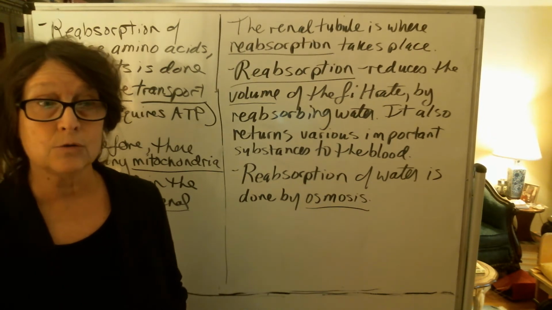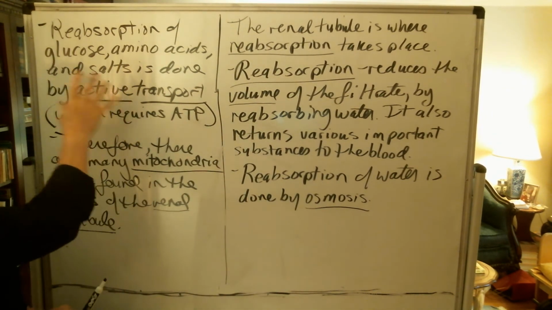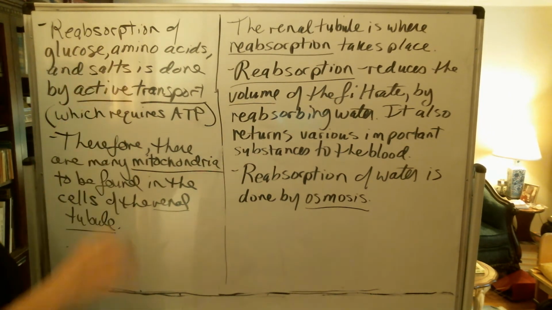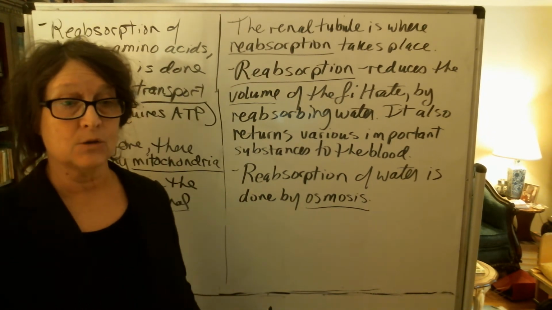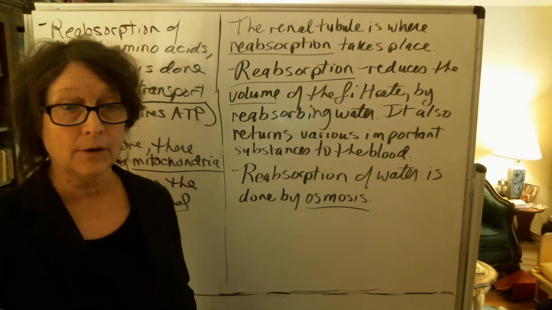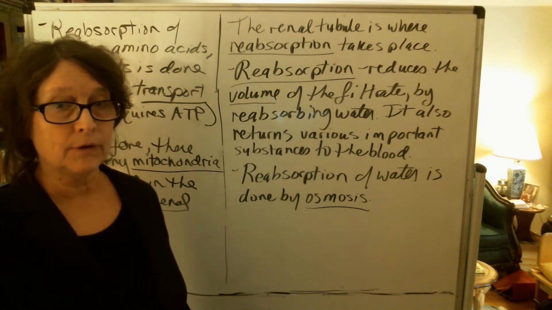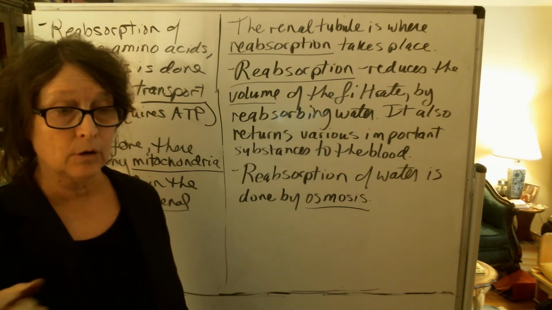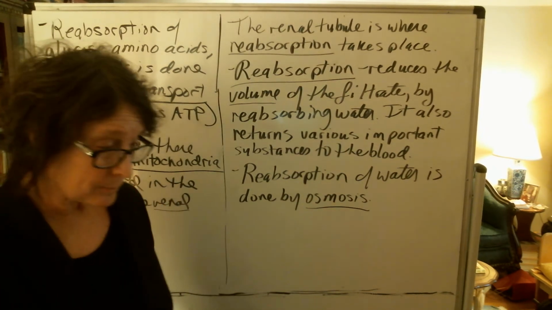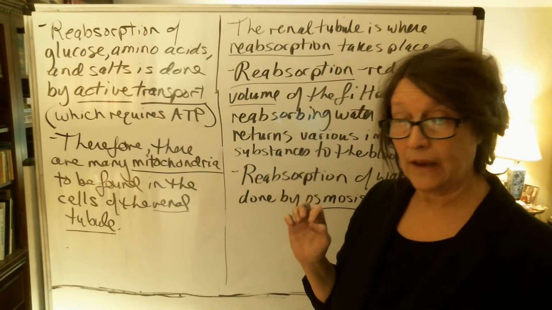That is to say, they use a lot of energy in order to do this active reabsorbing of glucose and amino acids and salts, substances that our bodies want to keep, that we do not want to pass out of the body along with the urine, and so they are actively grabbed back out of the filtrate as it passes through the renal tubule. So they're sort of grabbed out of the filtrate and stuffed back into the blood. And that all takes energy, which of course in the body is in the form of ATP.